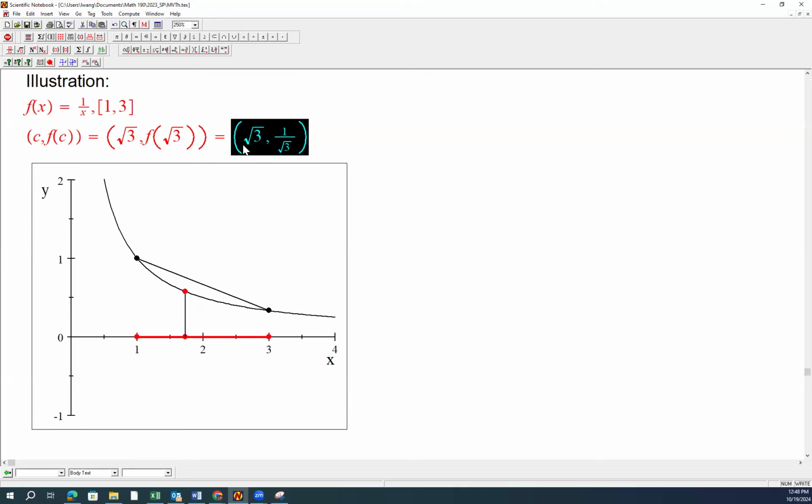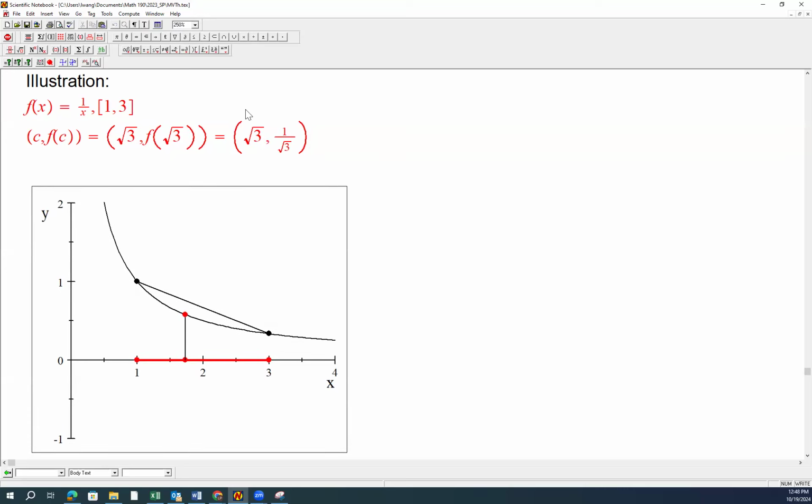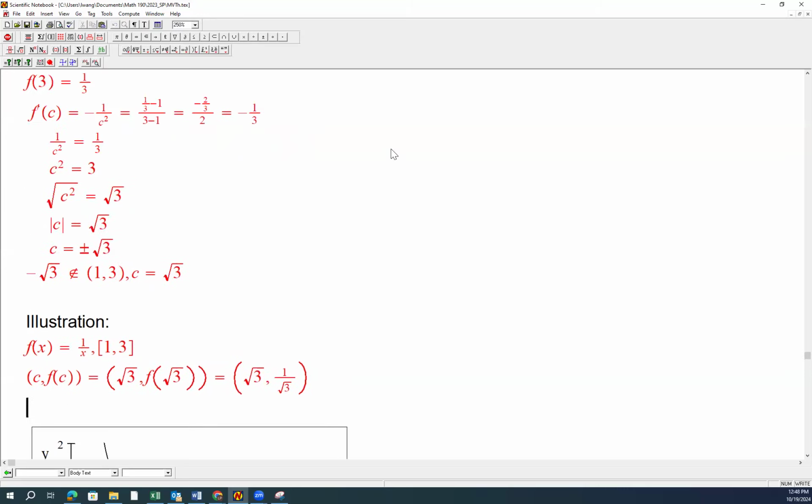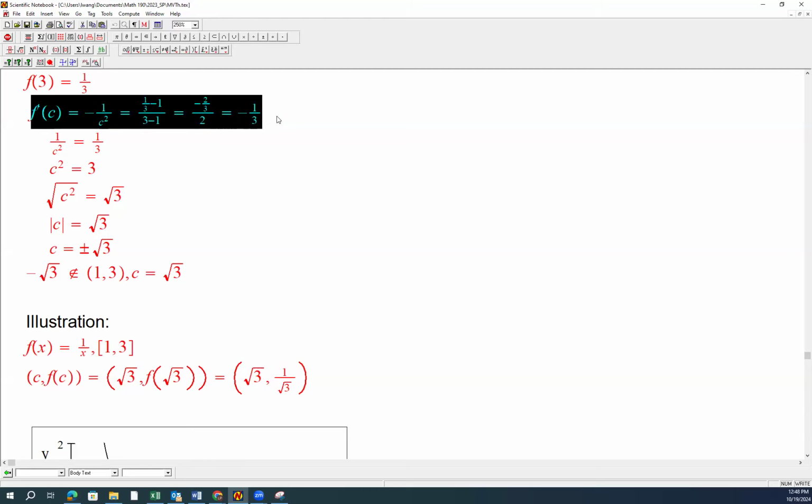Okay, so this is the point right here. And so what is the slope? We found the slope, right? The slope is this number, which is a negative 1/3. That's the slope.